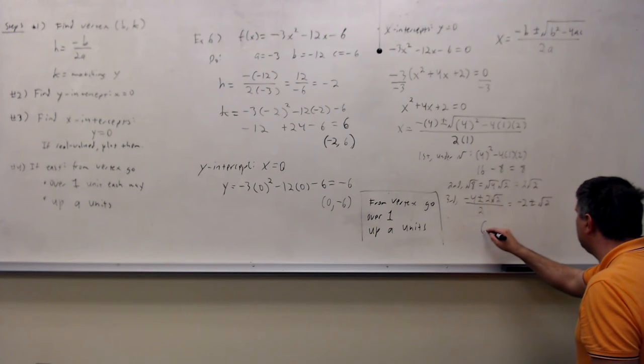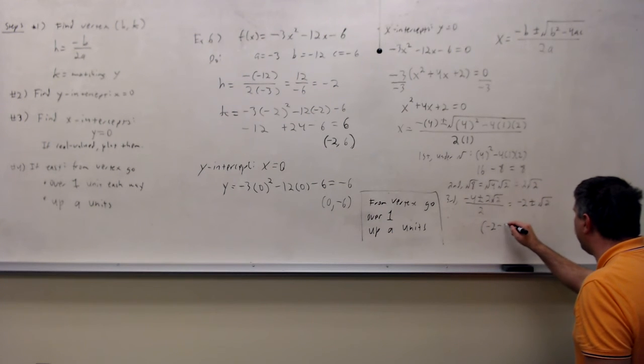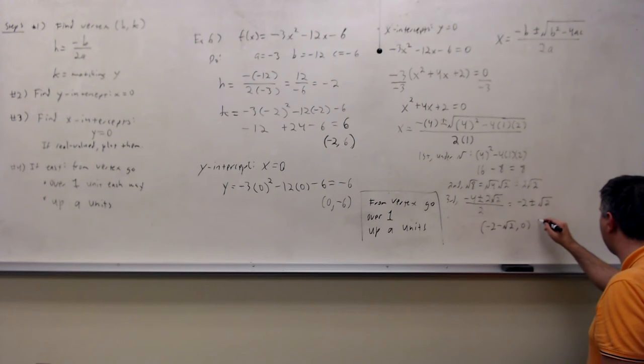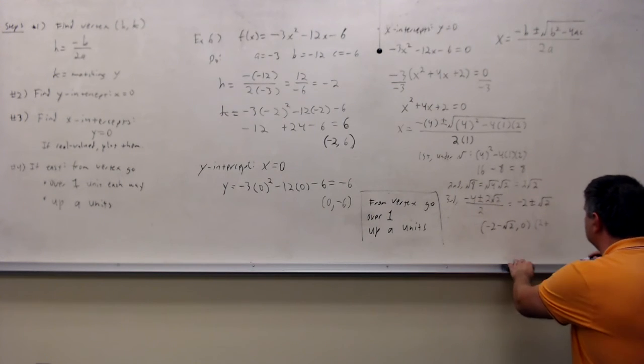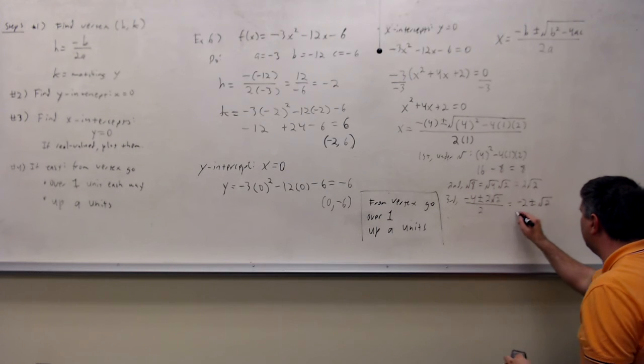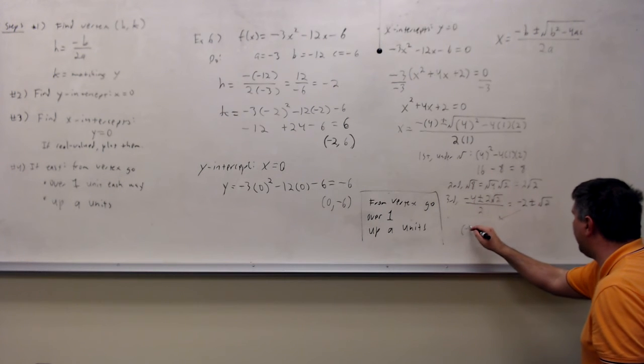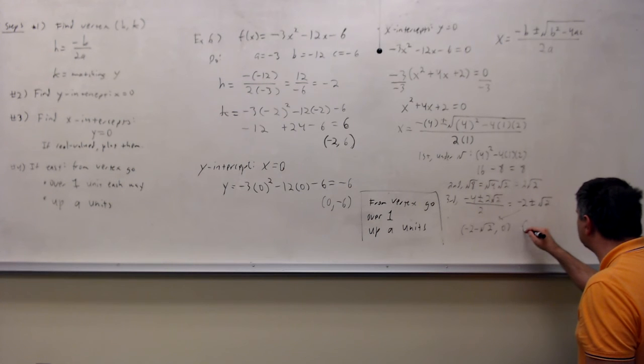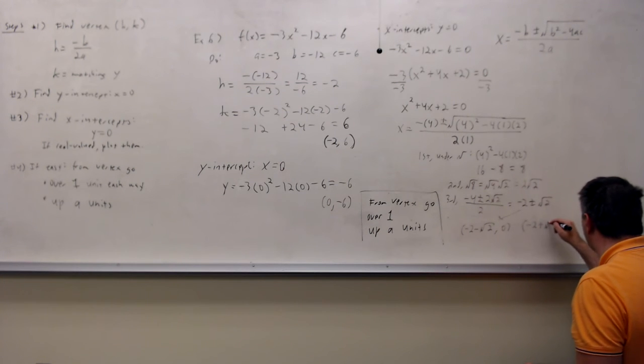So that'll be negative 2 minus the square root of 2, 0, and negative 2 plus. So I'm going to have to make better use of space. So this will be negative 2 minus the square root of 2, 0. This will be negative 2 plus the square root of 2, 0.